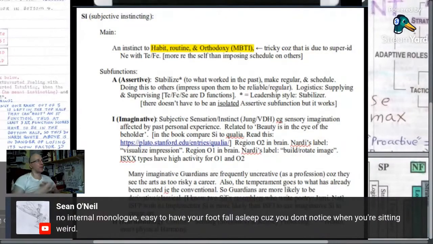Right, no internal monologue, easy to have your foot fall asleep because you don't notice when you're sitting. There's that kind of lack, and it's related to NI. One of the reasons you know you have the functions defined correctly is that you get them as opposites in certain respects. Certain subfunctions are going to be opposite. For example, when someone's in an NI state, they become disassociated from themselves and out of their body.